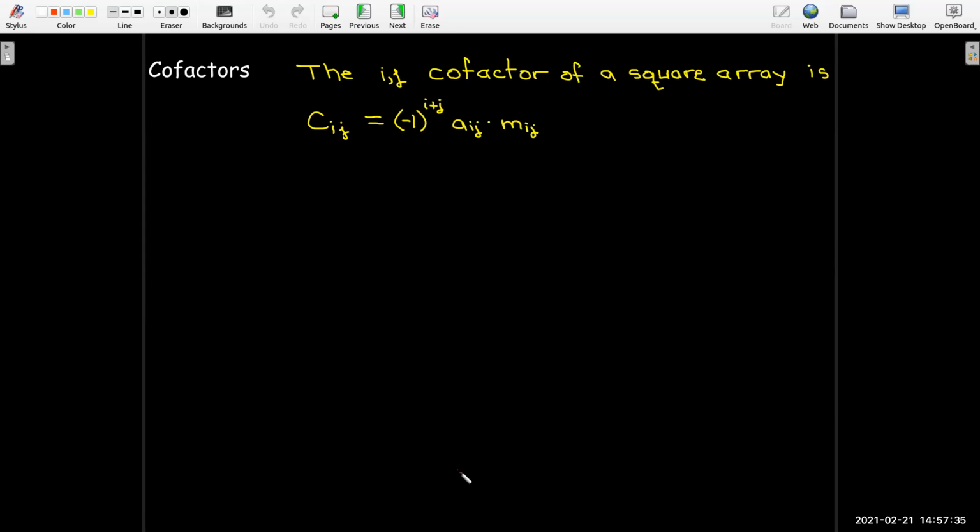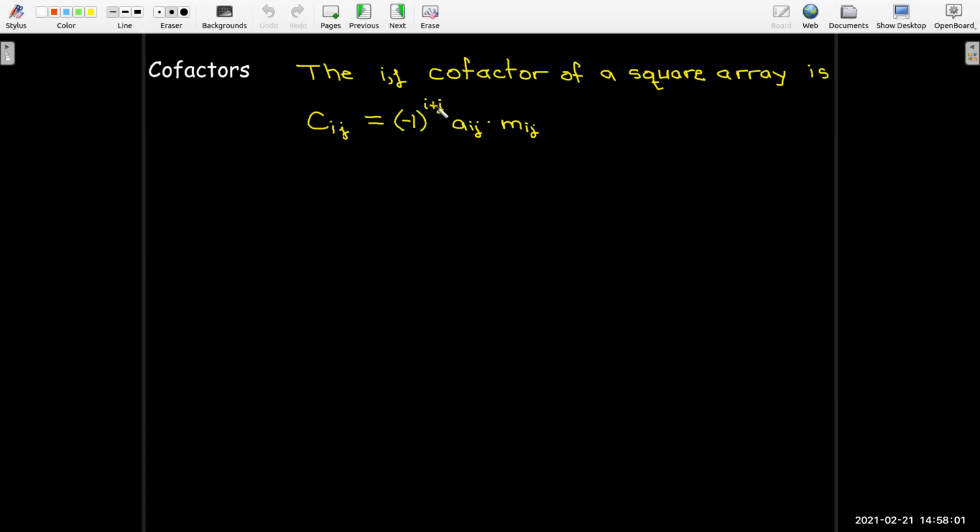All right, let's take this one step further. A cofactor of a square array is, well, you have 3 things that you have to be careful of. This -1 raised to the power of i plus j just means that the sign is either going to be positive or negative. When i plus j is even, then the sign will be positive.